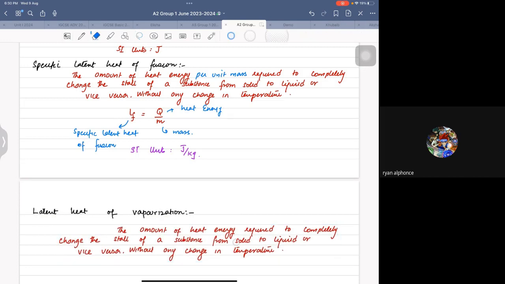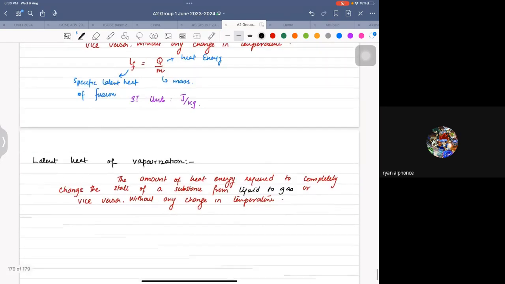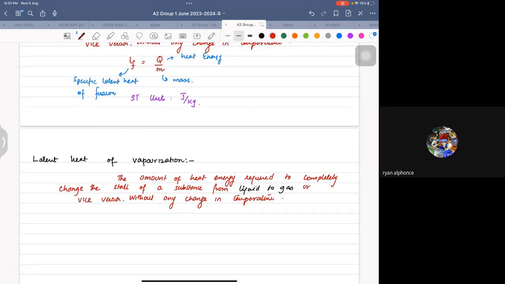The only change is that it's now talking about change in state of a substance from liquid to gas or vice versa. So I've just written with a different color so you guys can see the difference. Okay. Latent heat of vaporization is capital L and V, and it is equal to Q. Again, just that. SI units are just joules, like that.